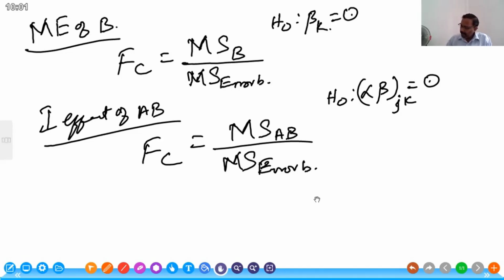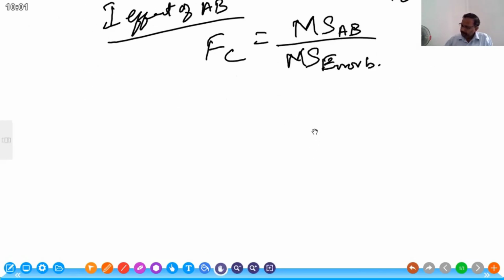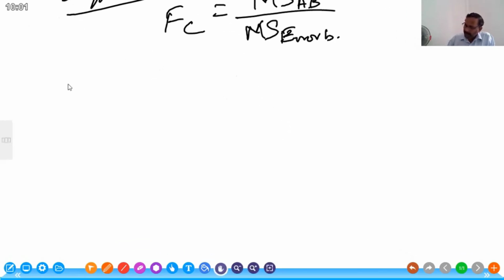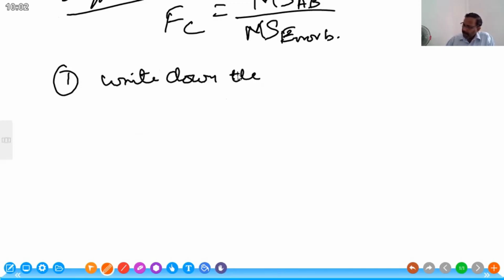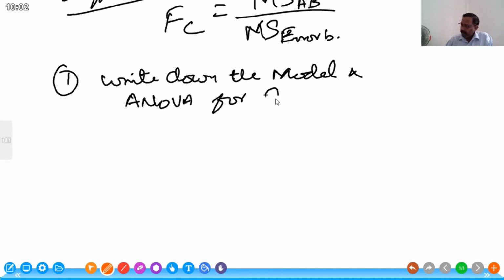Right. We have a few homeworks. First homework is to write down the model and ANOVA for split plot design.